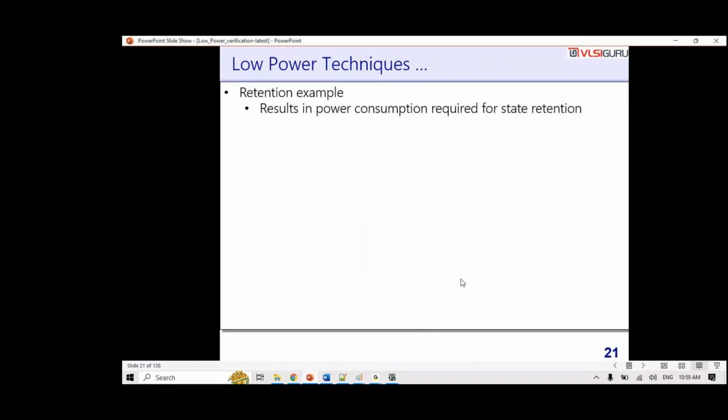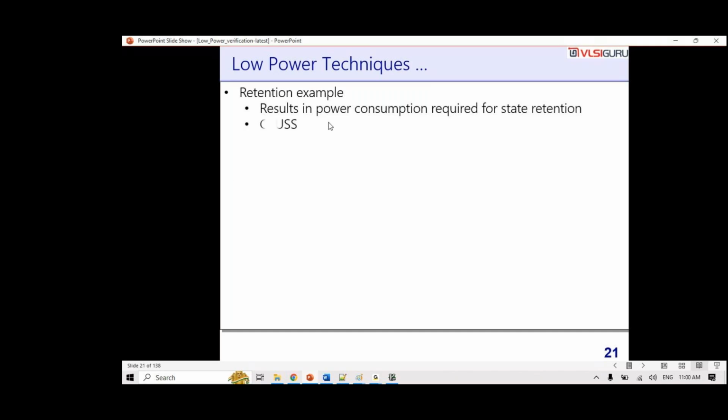What is the negative side? To retain those values, you need to continuously power that. You need to store those values, so you need to continuously power it. That will lead to some amount of power consumption, but we are okay to compromise on that, because you are cutting down the entire USB controller, which saves larger power, and on the positive side, you are also getting performance.